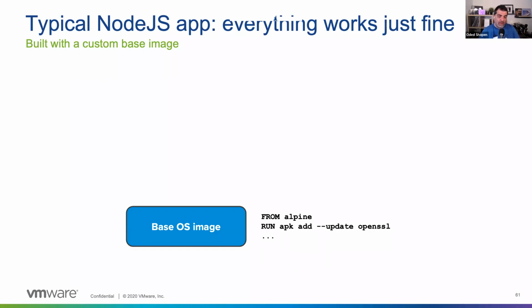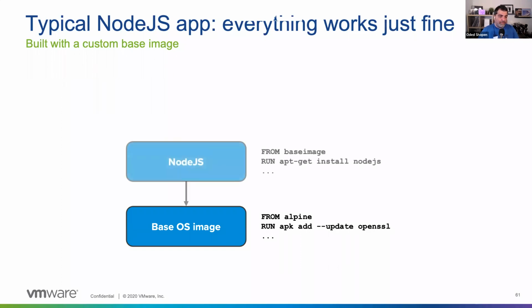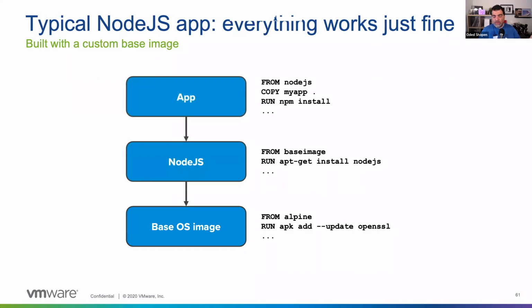Alpine behind the scenes requires OpenSSL, so it installs OpenSSL. And from there, I'm using my base image. And I do the regular dance. I copy files, I run npm install, I do ng serve, whatever it may be, so my application will work as expected. And I can take this image through a scanner and I'll get 0 vulnerabilities and everything is great, right?